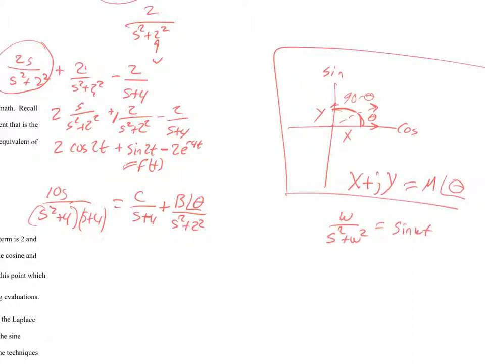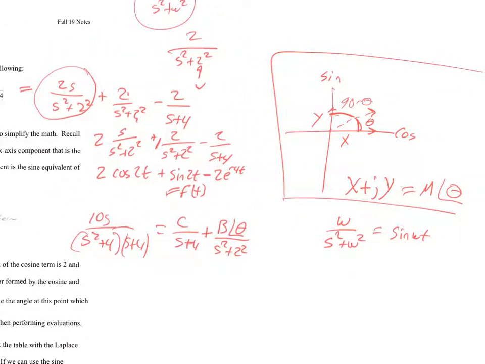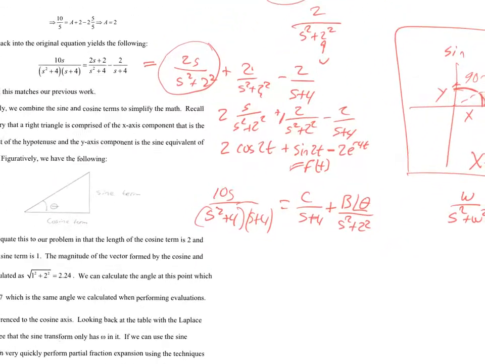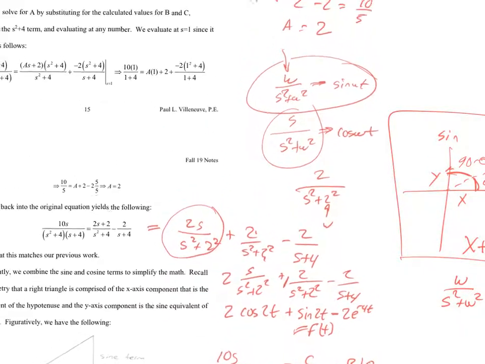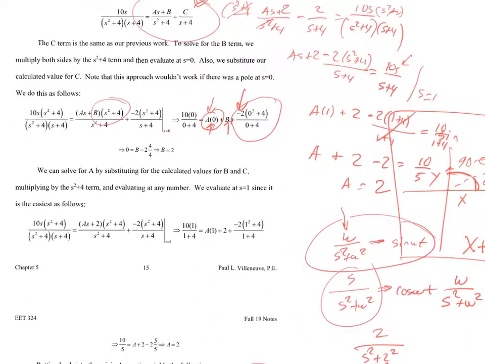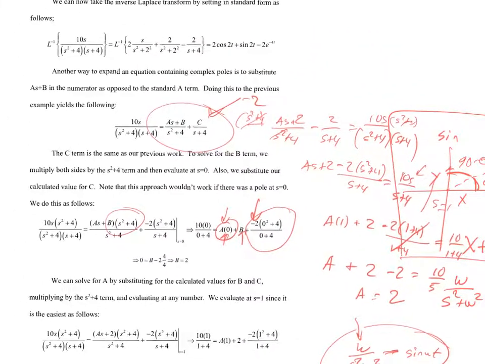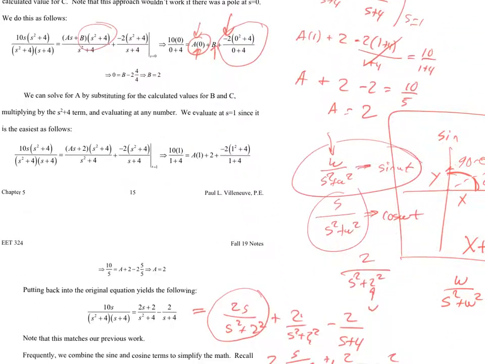And my output waveform over here had a sine wave and a cosine wave, right? 2 cosine 2t plus sine of 2t.